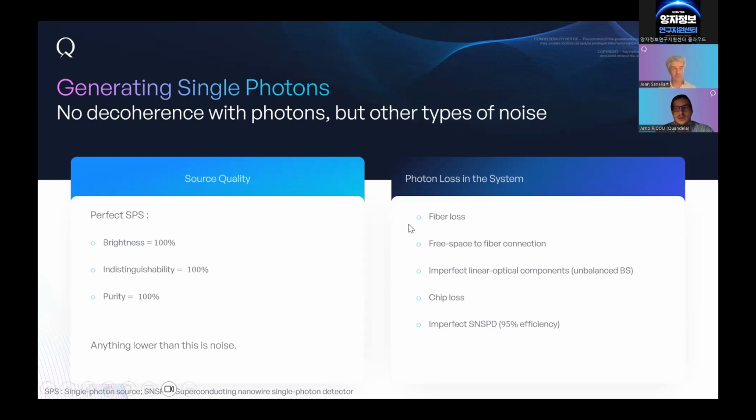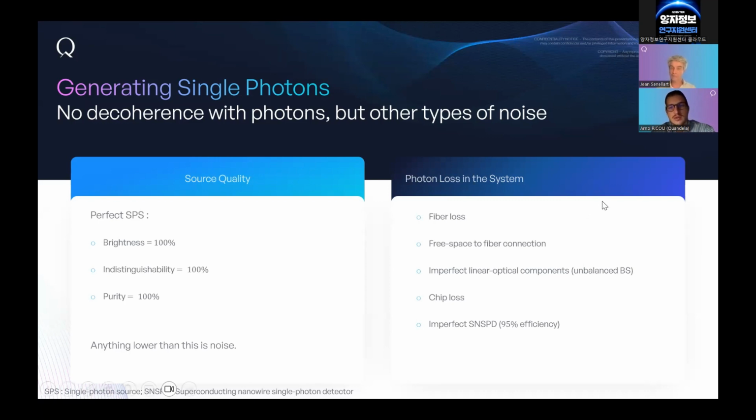And this noise, most of it, for indistinguishability, comes from some phonon noise, like particles of sound that come and interact with the source and make the photon distinguishable, for instance.